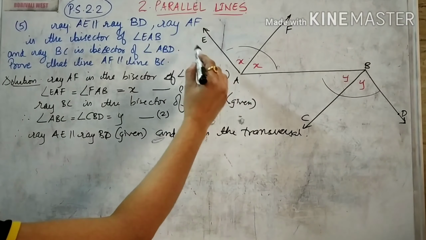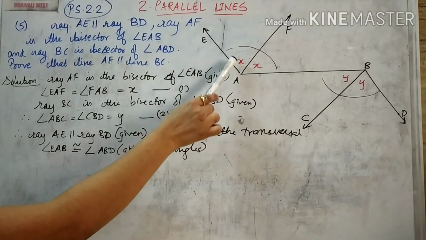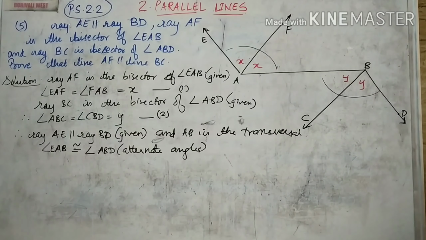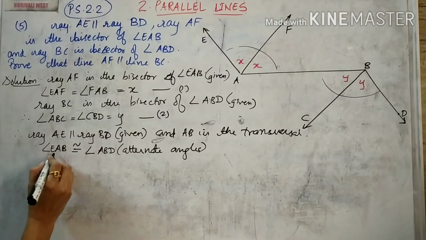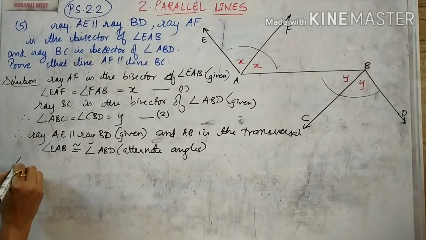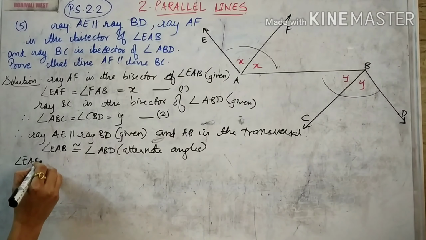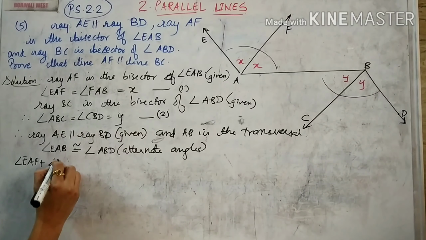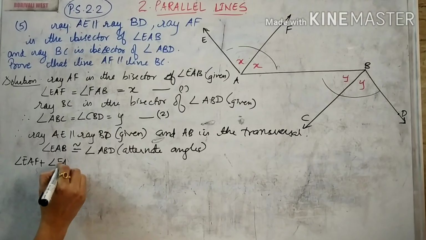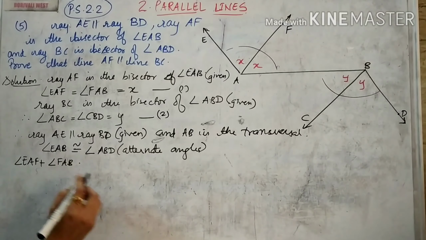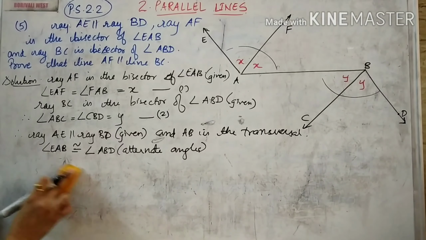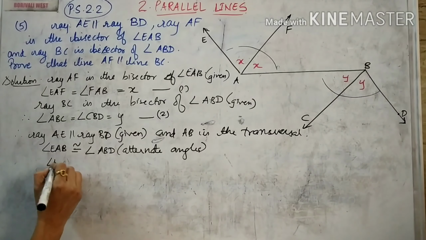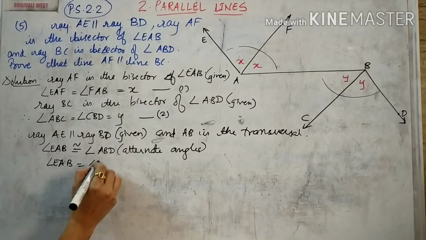Now, EAB and ABD. I don't know the measure of these angles, but can I say that this EAB will be x plus x, that is 2x? Yes. So I'll write angle EAB is equal to angle ABD.